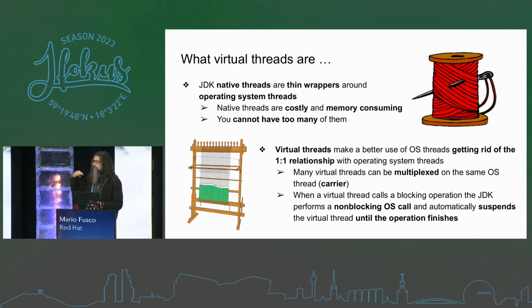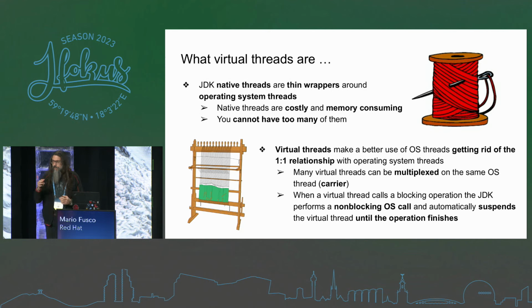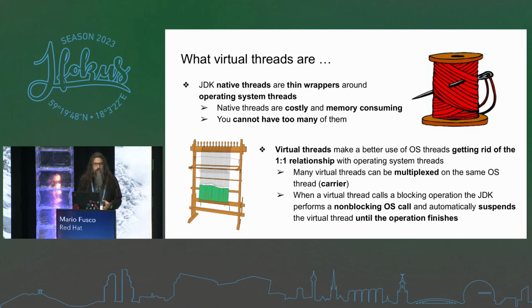So when the virtual thread does a blocking call, it is detached, temporarily removed from the carrier, meaning that the carrier can be used by another virtual thread to do its own job. Then you are no longer blocking a scarce resource, and in this way you can have many virtual threads doing their stuff on this carrier thread.